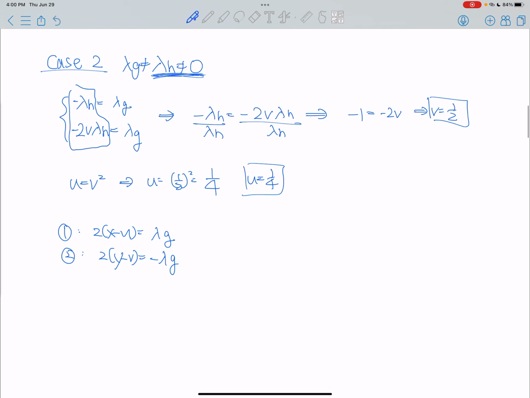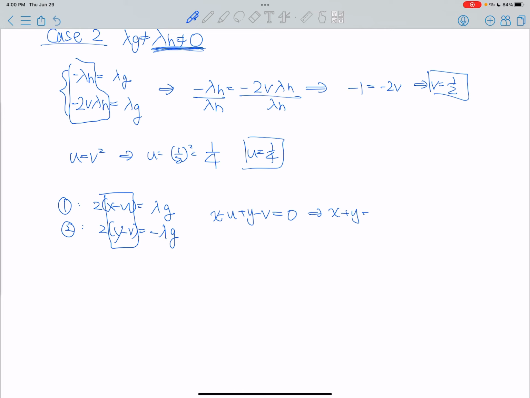So, even though we don't know what lambda g is for now, if we add these two together, this is just 0. So, x minus u plus y minus v equals 0. It is obvious.